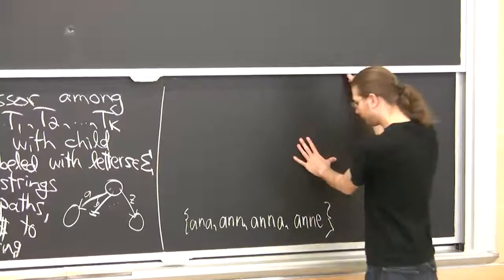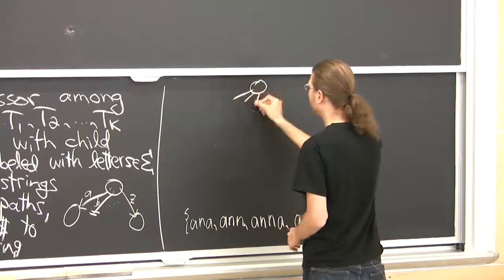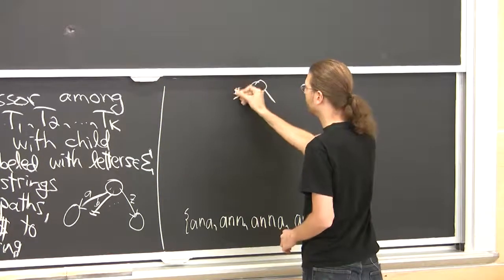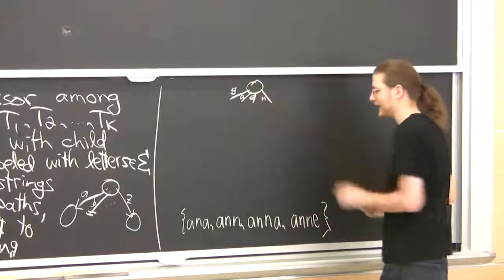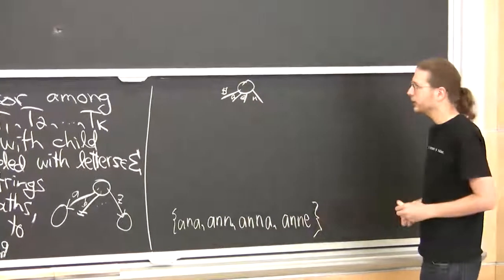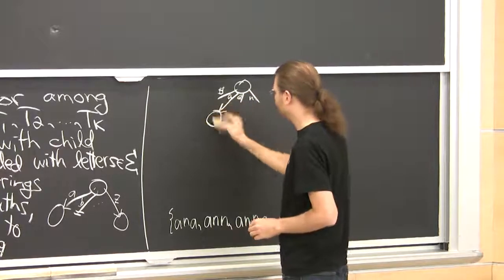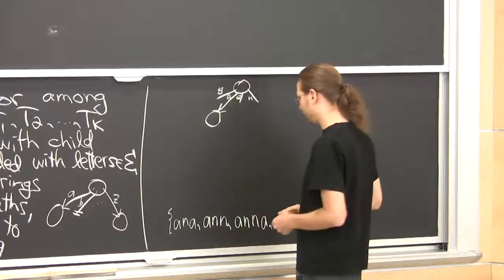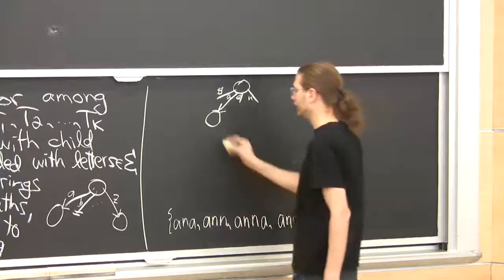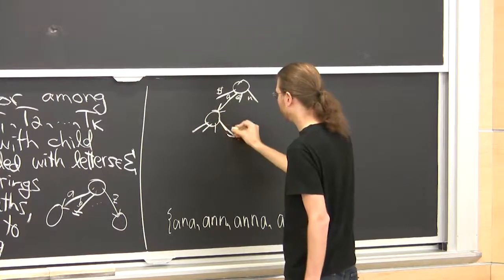So they all start with A, so at the root, there's going to be 4 branches corresponding to $, A, E, and N. I'm supposing my alphabet is just A, E, N, because that's all that appears here. But everything will be on the A branch. And then from there, they all go to N next. So they all follow this branch.